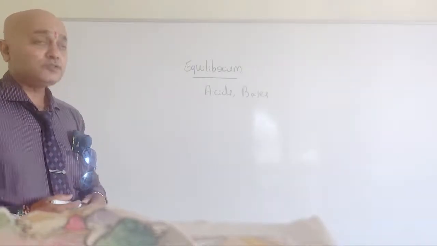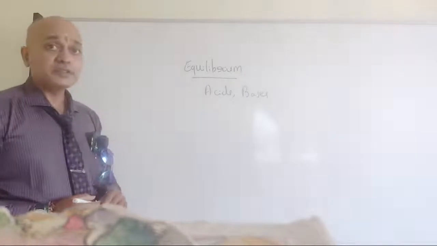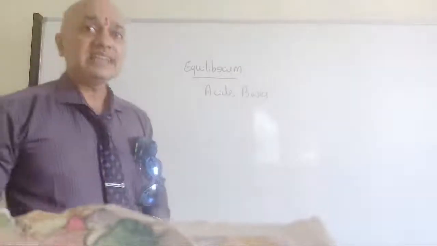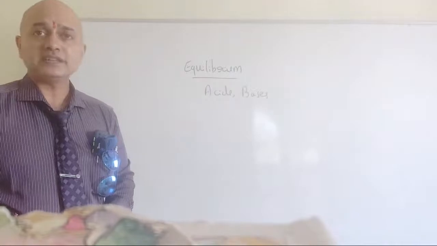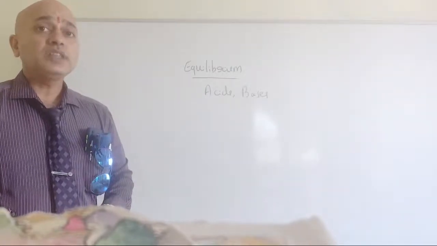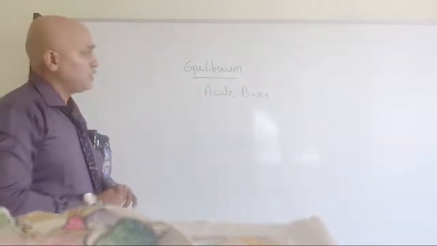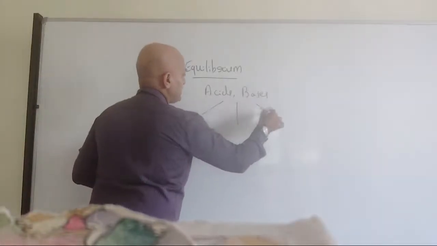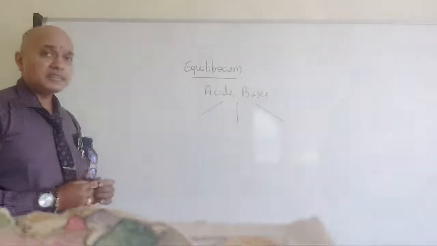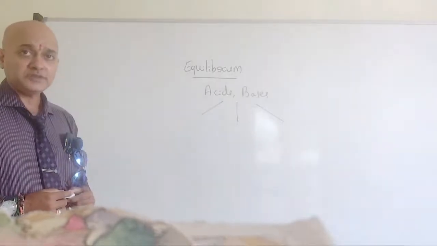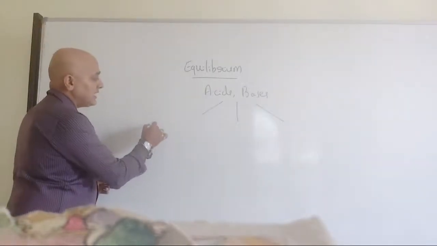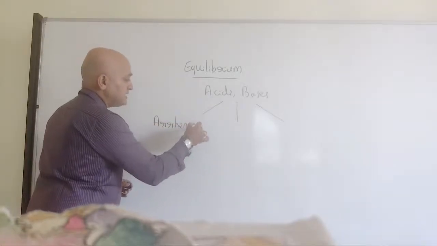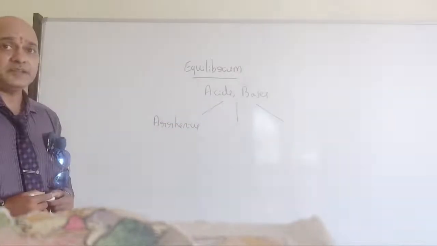Because in nature, acid and base molecules are present. To discuss these molecules, first we should know three important theories which talk about these two molecules. First one is Arrhenius theory.